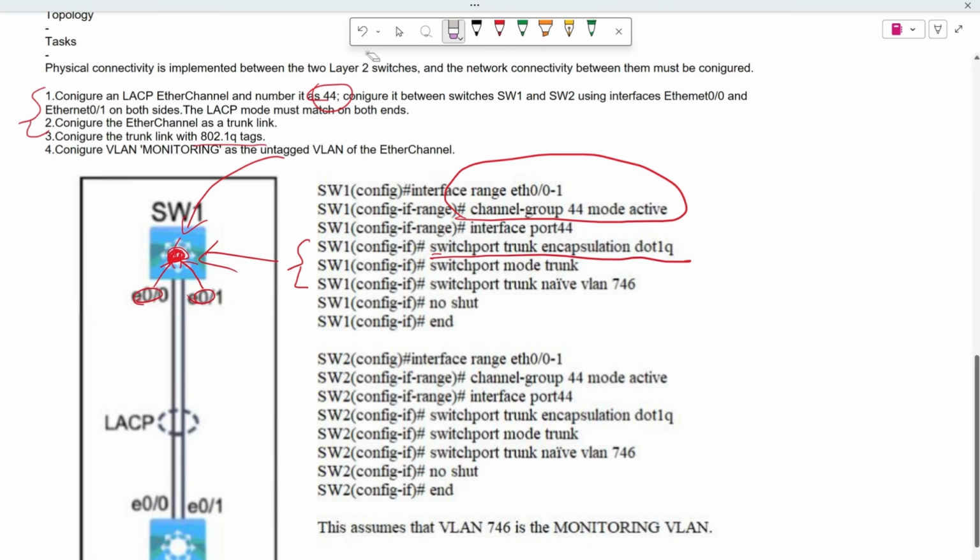The link mode changes to trunk, and then, according to the requirements, set the native VLAN to 746. The native VLAN on both sides needs to be configured the same. If you want to change it, you have to change both sides to be the same. You can't have this side as 746 and the other side still as 1. That would be wrong. And the configuration below is exactly the same. Finally, just set this interface to no shutdown. Then it will come up.